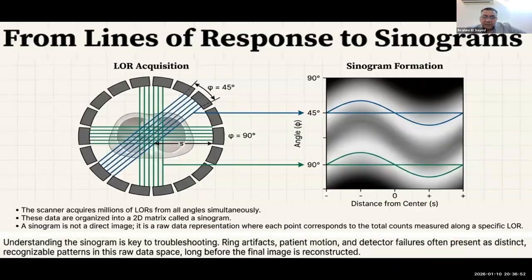The vertical axis represents the radial position, which shows the perpendicular distance from the scanner center to the line of response. Whenever this is the center, the vertical axis tells us the distance between the center and the line of response.